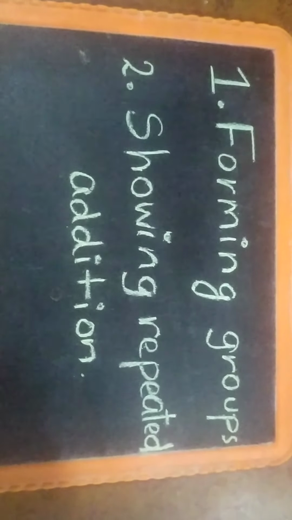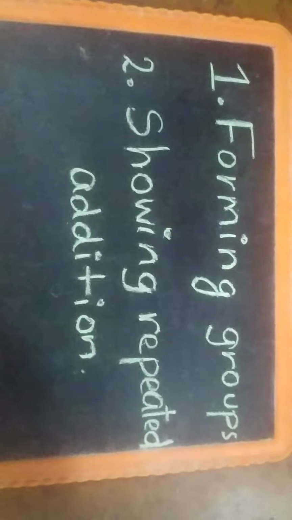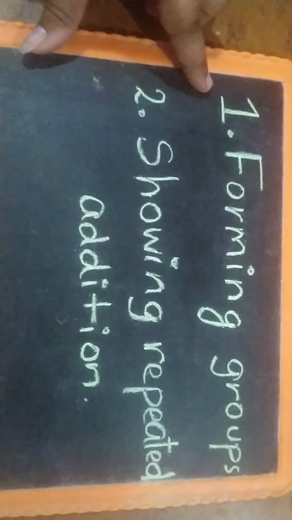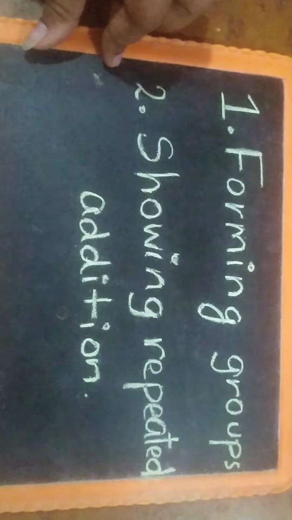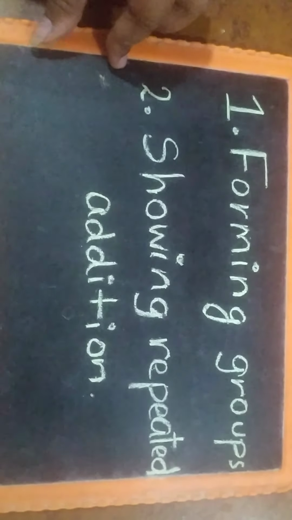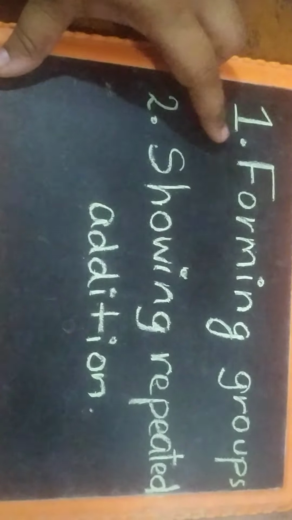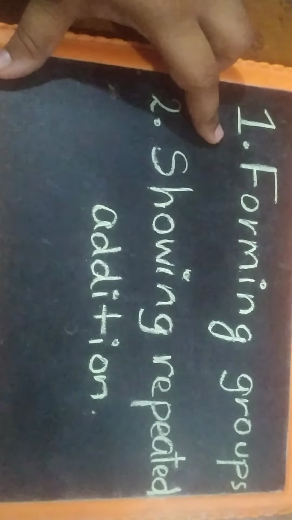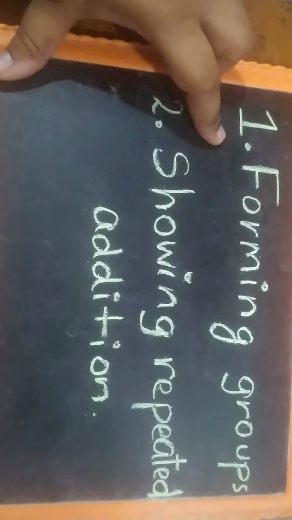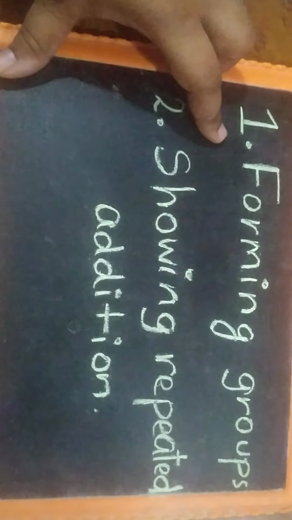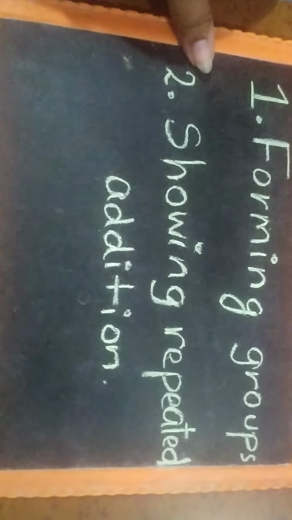We can show the process of multiplication by number 1, forming groups, and number 2, showing repeated addition. Now what is forming groups? For example, if I tell the child, let us form 4 groups of 2. Now how to do that? So let's begin.